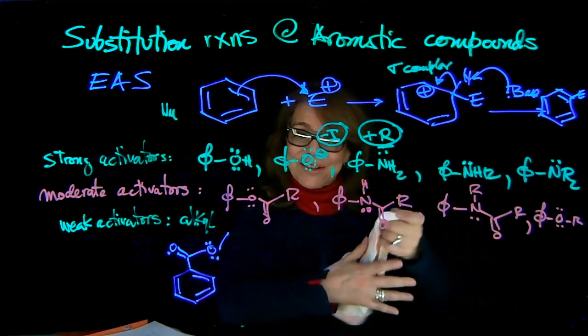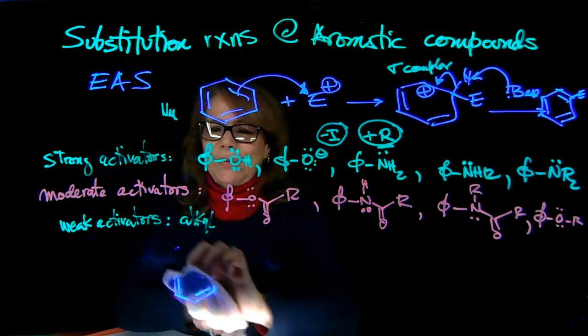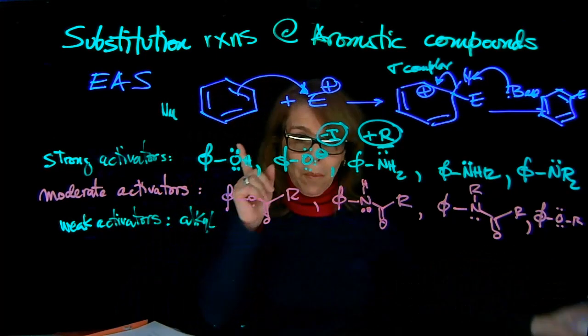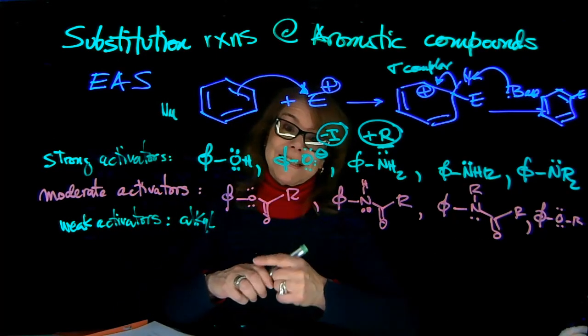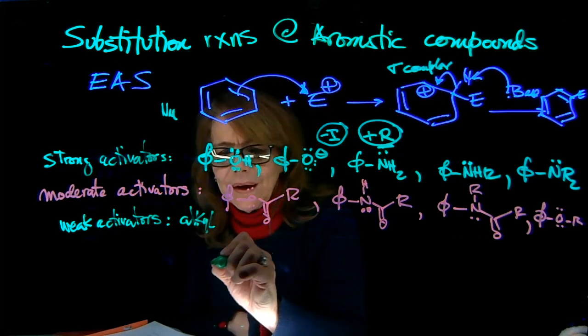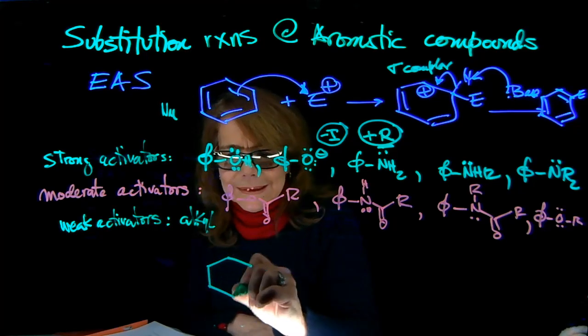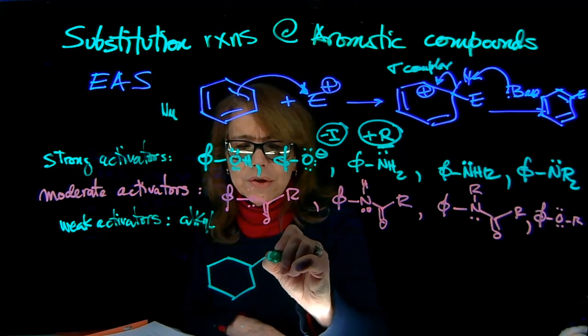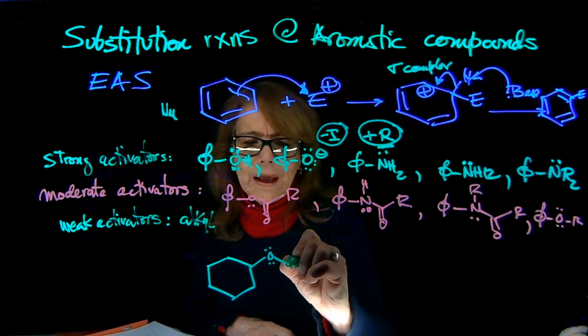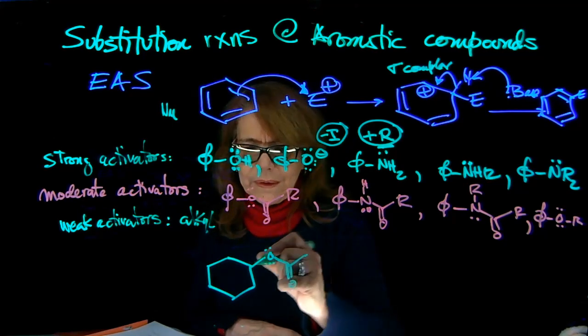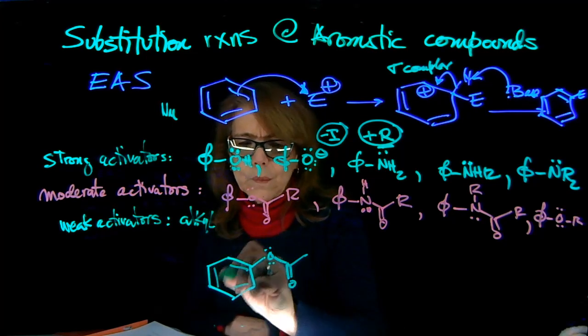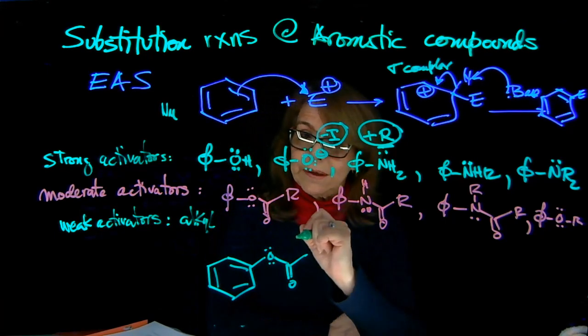I drew the ester actually the opposite of what I wanted to draw in that example. But I'm going to go back to that because the effect is different. So I'm going to draw it as is here. So the oxygen here directly attached, and that's a different ester, that's phenyl acetate, for example.